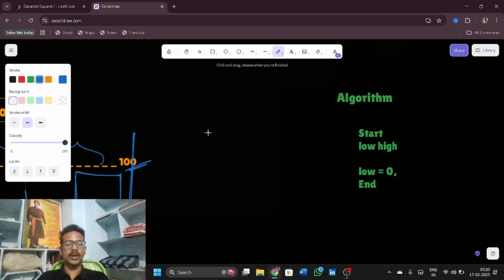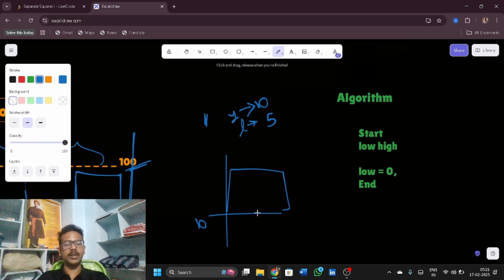For that, imagine you are having here x comma y. They gave y equal to something like 10, and the side length L is given as 5. Now imagine you are at y is 10, then my square can go up to 15. So I also need to consider these lines, which can divide the area into two equal halves.